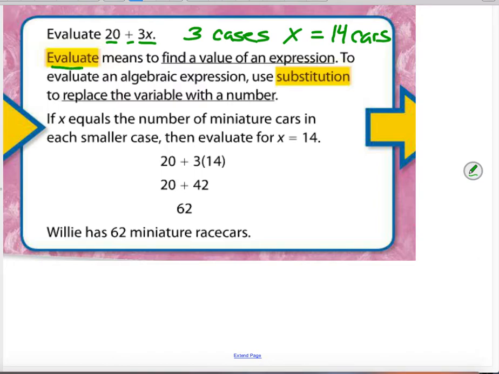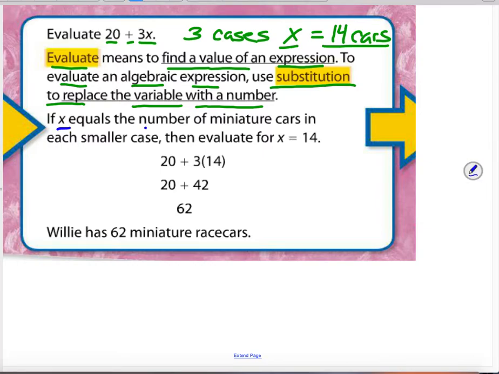Evaluate means to find a value of an expression. To evaluate an algebraic expression, use substitution. Substitution means you want to replace the variable with a number. In this case, the variable is x, and we are replacing it with the number 14 because that's how many cars are in those smaller cases.